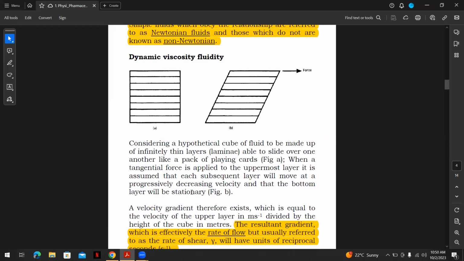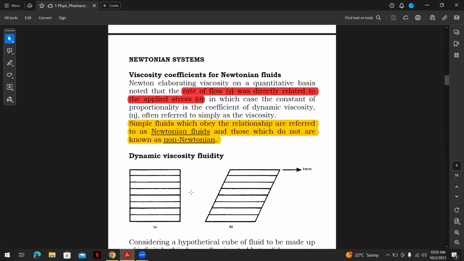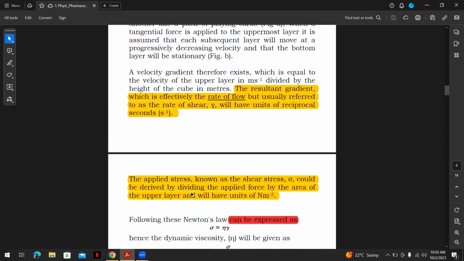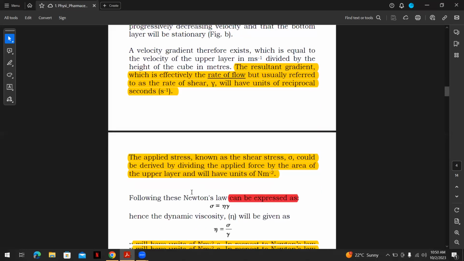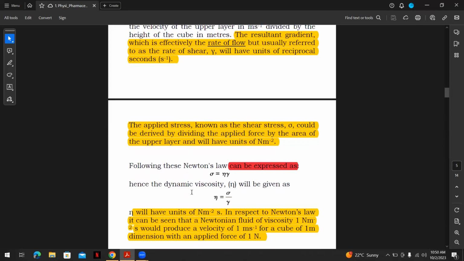We are just saying that Newtonian fluids obey the relationship whereby the shear stress, the applied stress, is equal to the viscosity times the rate of shear or rate of flow. Any questions before we go to the next part?